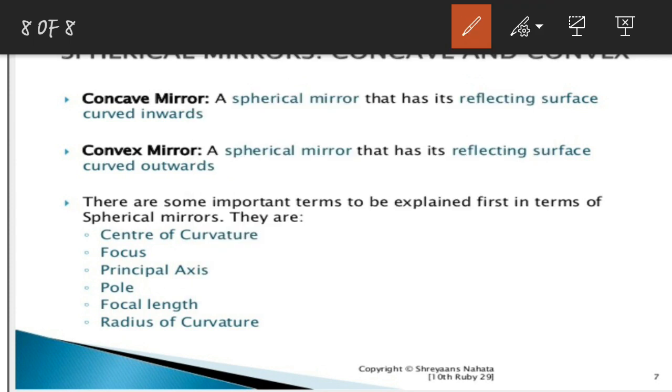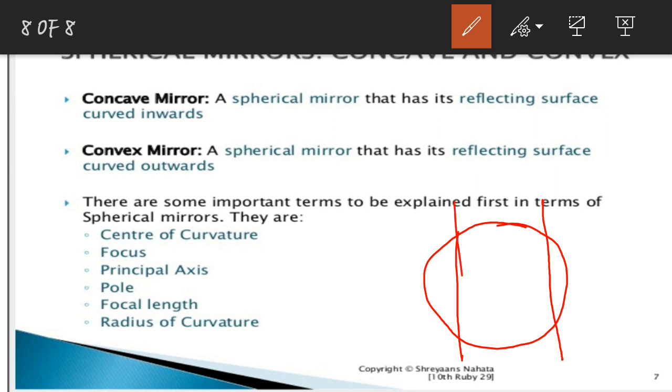Clear? So this is all about concave and convex mirrors. There are terms related to concave and convex mirrors, so we will be studying them. You will be drawing these pictures in the figure, so it should be the same pattern. If we consider this as a circle, and in this circle we use this portion, then the portion we are using we call a concave mirror.